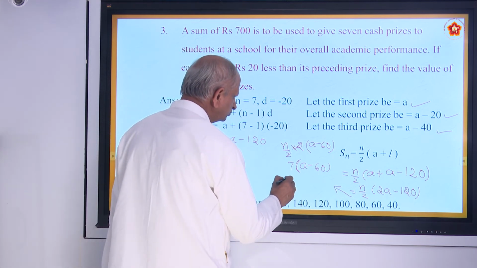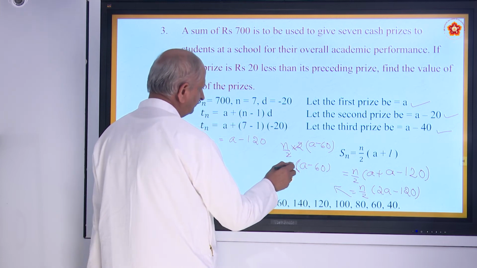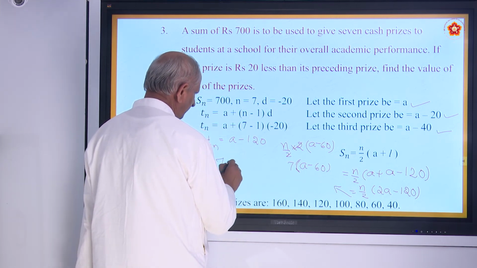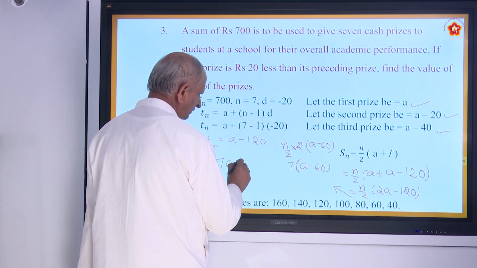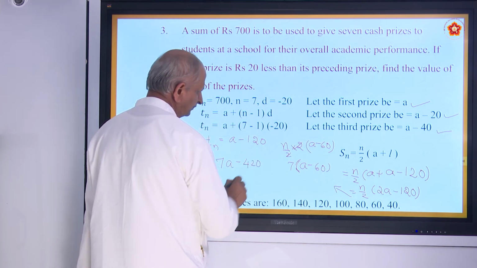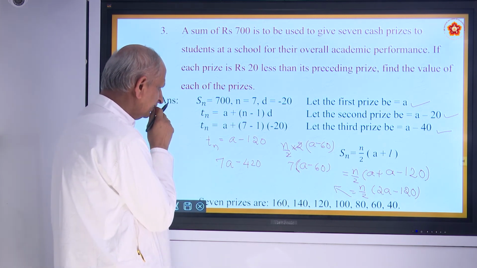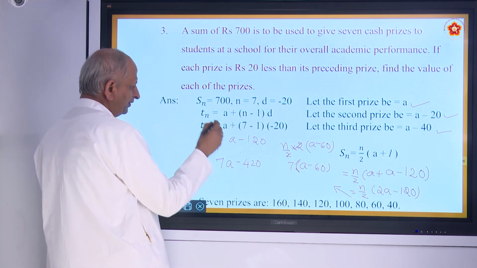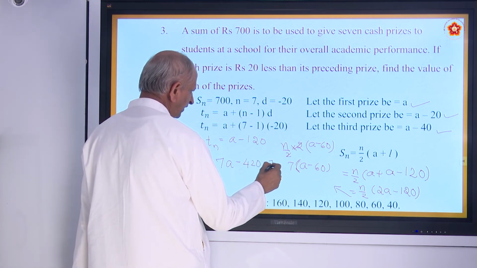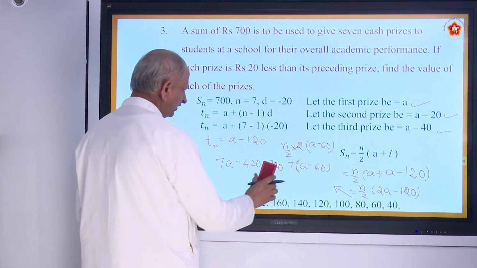So, 7A minus 420, is it not? Is equal to Sn. What is Sn? 720, sorry, 700. Sn is equal to 700.